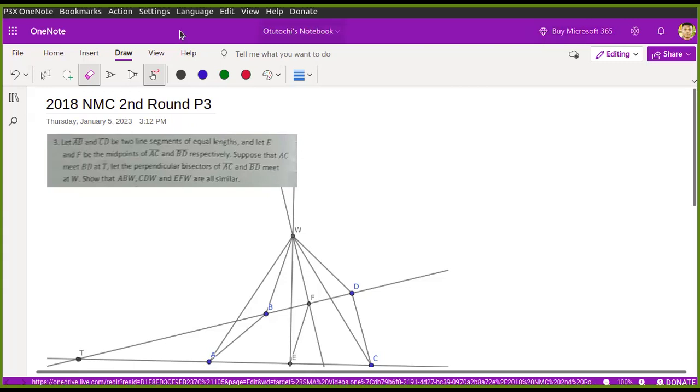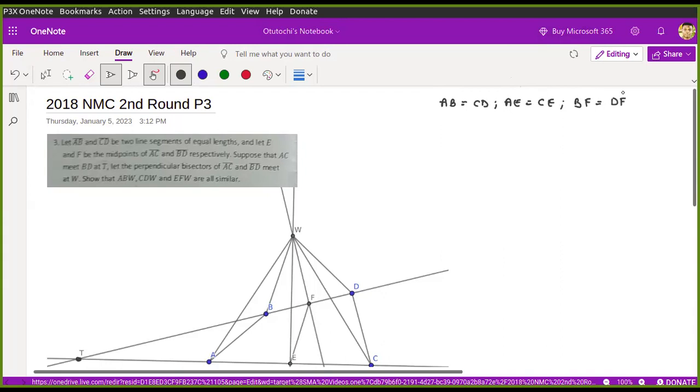So first of all, let's start with what we have, right? We are given that AB is equal to CD, E and F are the midpoints, so AE is equal to CE, and BF is equal to DF.